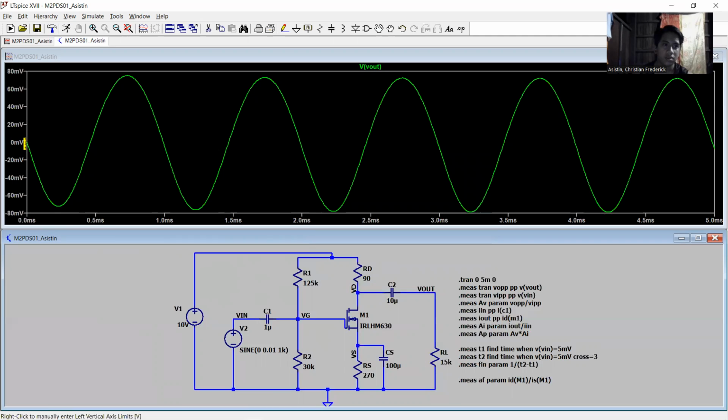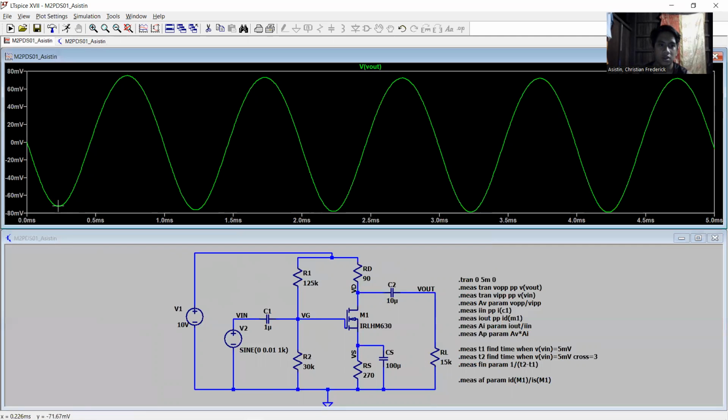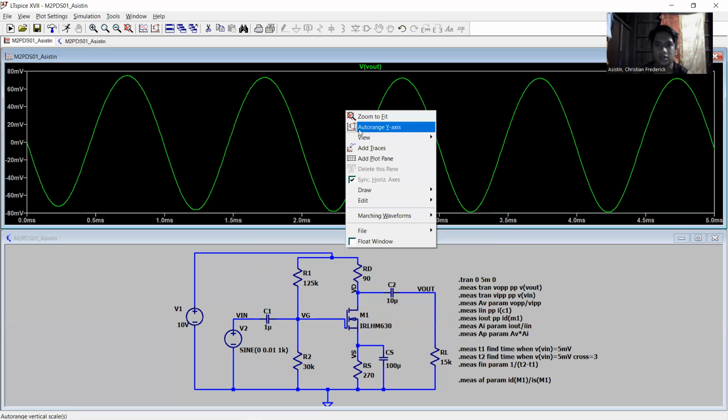As you can see, it goes from 0 millivolts, and it will also dip in here around 65 to 70 millivolts. Then it also goes around 60 to 75 millivolts, and so on and so forth. It dips and goes up. Let's see about the V in.